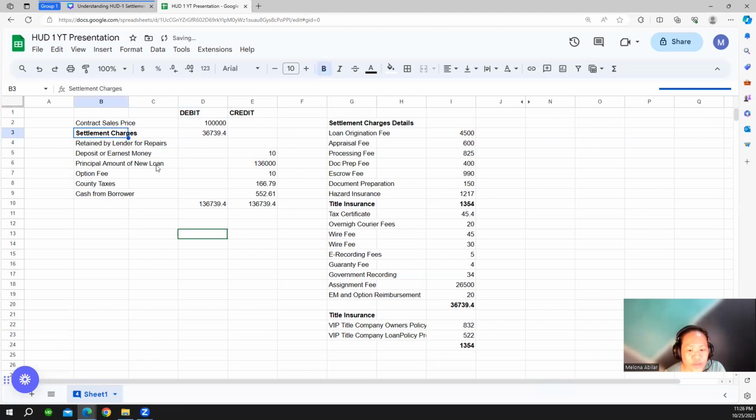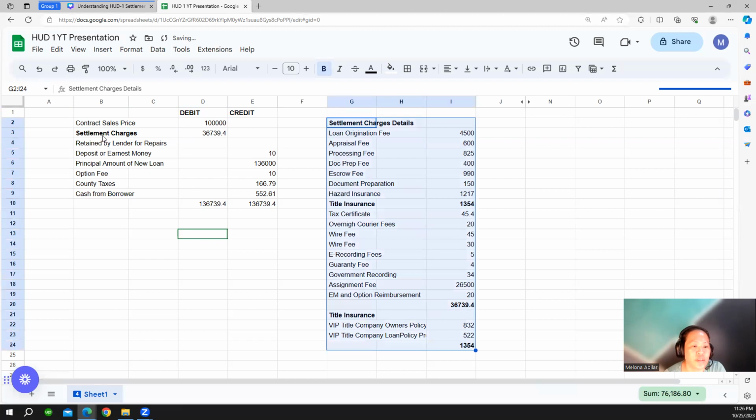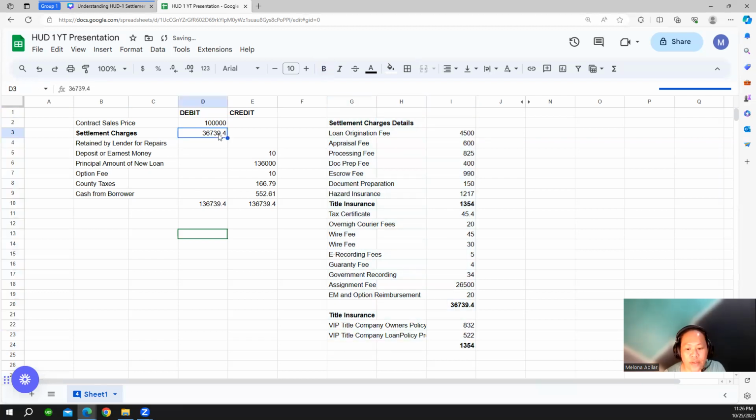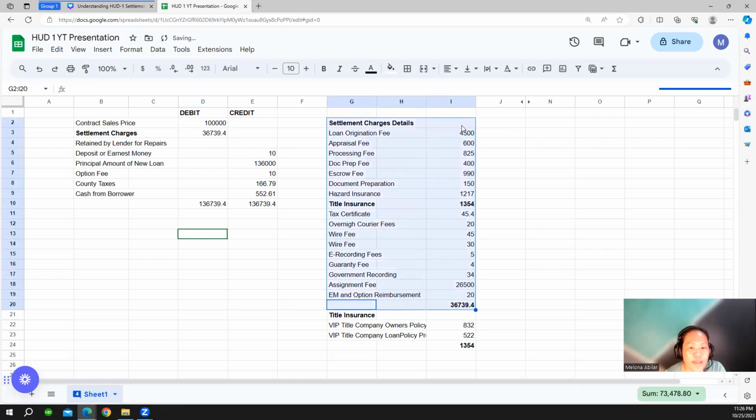Then the settlement charges. All of these are the settlement charges. The total of the settlement charges is 36,739.40, and normally the settlement charges will be part of the cost basis of the property.